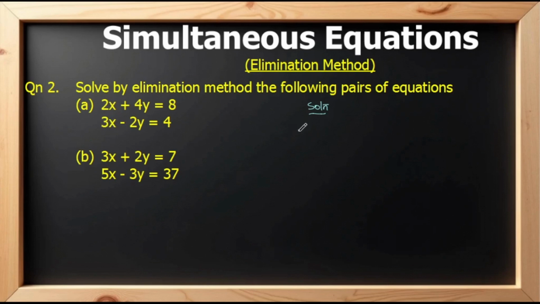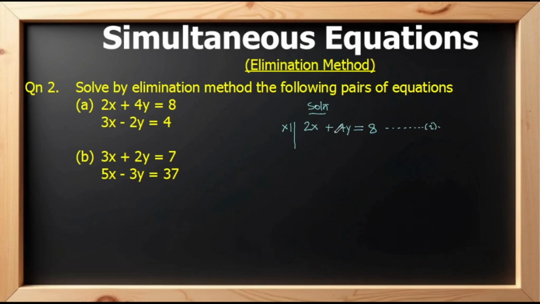So let's implement this. Equation 1 will be multiplied by 1, and anything multiplied by 1 will remain the same. So we have here 2x plus 4y equals 8. That is our equation number 1 being multiplied by 1.